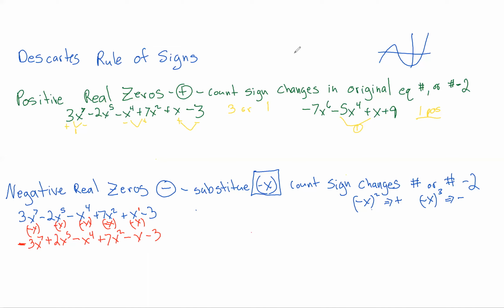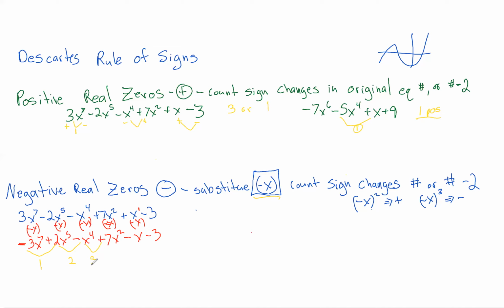And then we count our sign changes after we've substituted in this negative x. So here we've got negative 3x to the 7th and positive 2x to the 5th. So here we've got one sign change. Positive to a negative, we've got another sign change. Negative to a positive, another one.